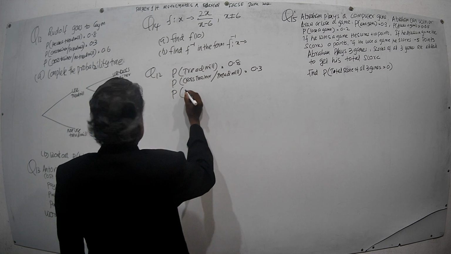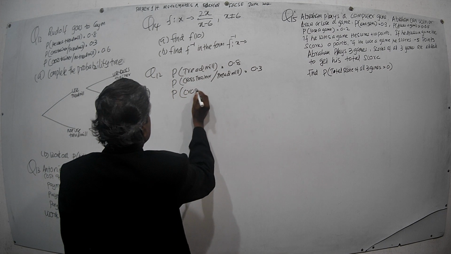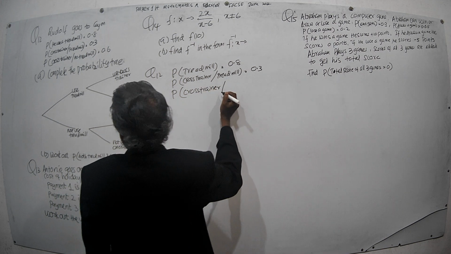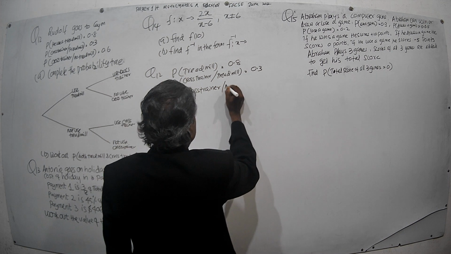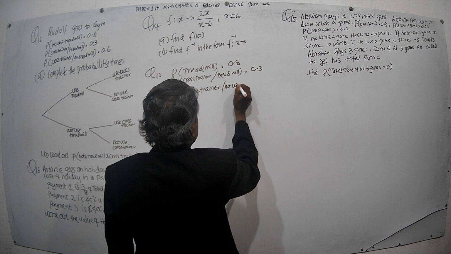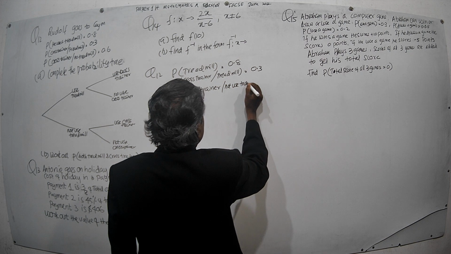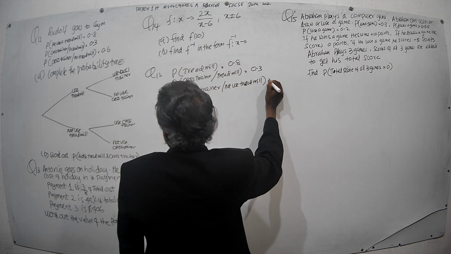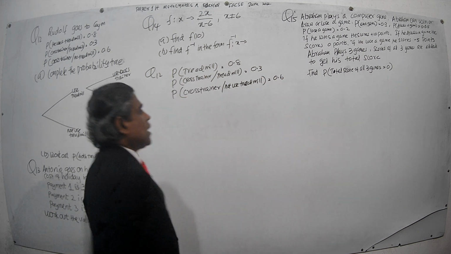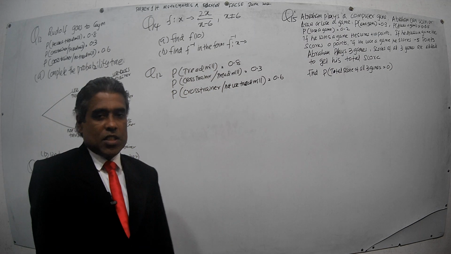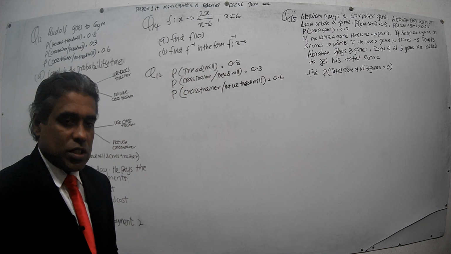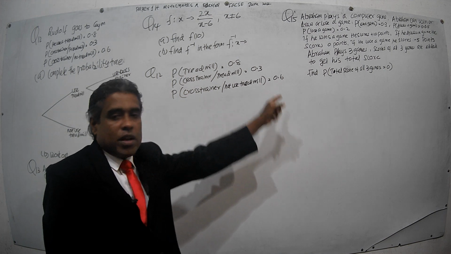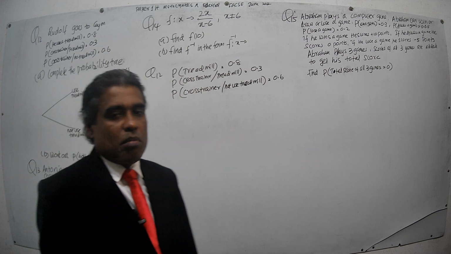That means P(cross trainer | not treadmill) equals 0.6. After going to the gymnasium, he may use the treadmill or he may not. If he does not use the treadmill, the probability of using the cross trainer is 0.6. That is also conditional probability.